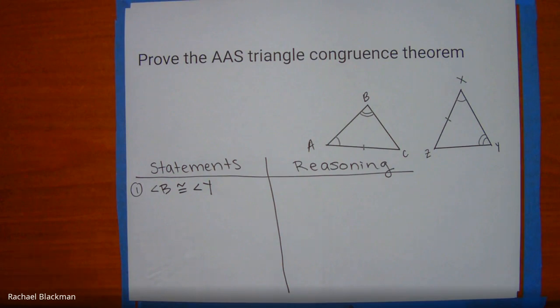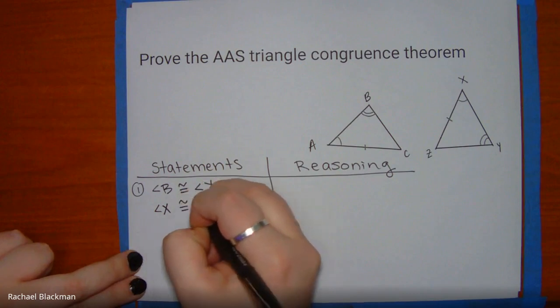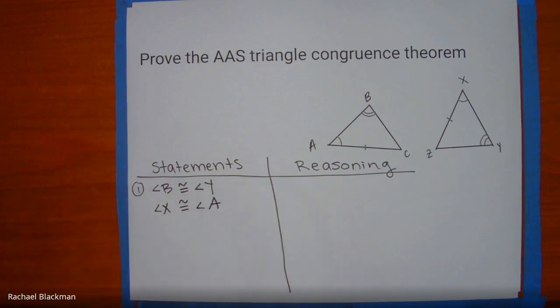I mean, it's angle, side, so we have to find another pair of sides and another pair of angles, right? Yep, X and A. Oh my goodness.